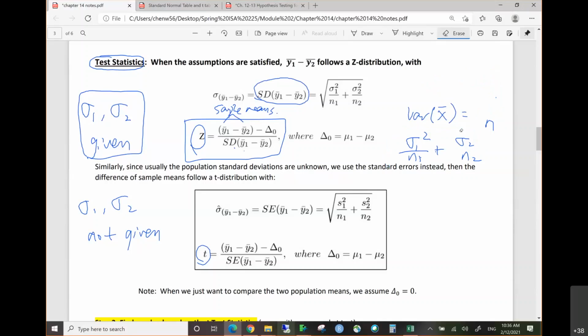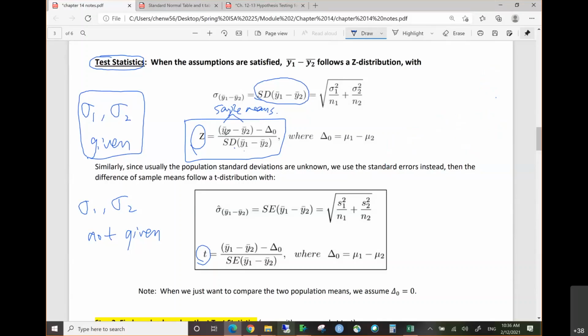All right, so you just have this formula. When we have two samples, the standard deviation will be the variations summed together, and then the square root. Now we have the complete formula for the z-test statistic.